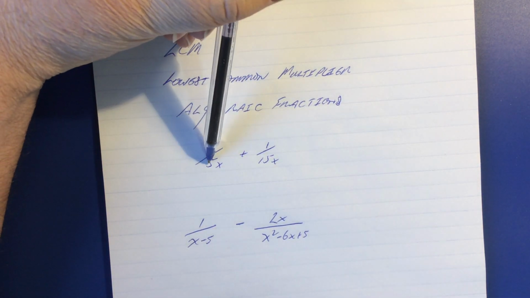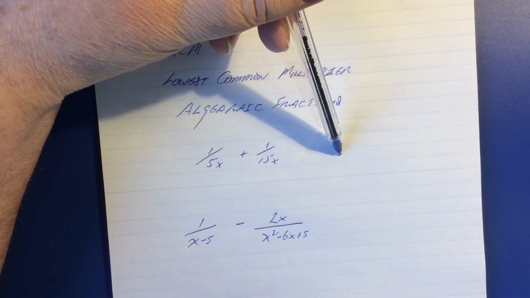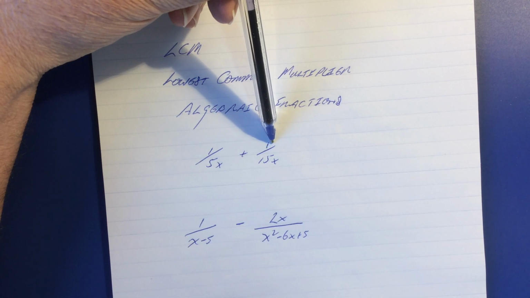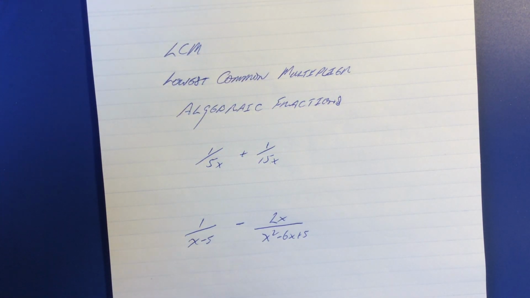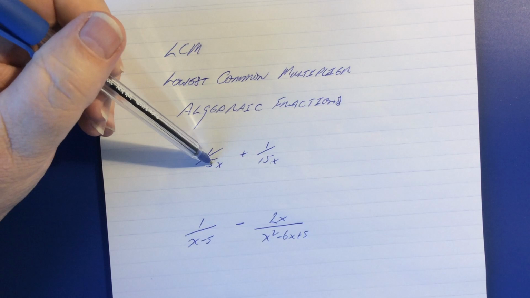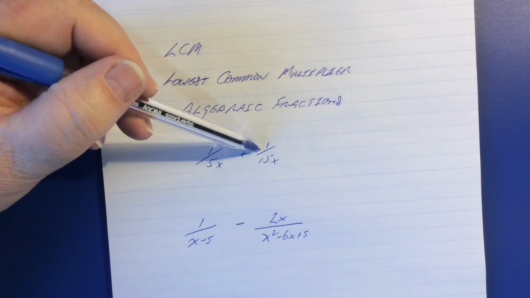But we can multiply 15 by 5 and we can get 75x. And we can multiply the top here by 5x and the top here by 15x, and we can tidy it up and we will get an answer. Far easier is, because 15 is a multiple of 5, leave this alone.